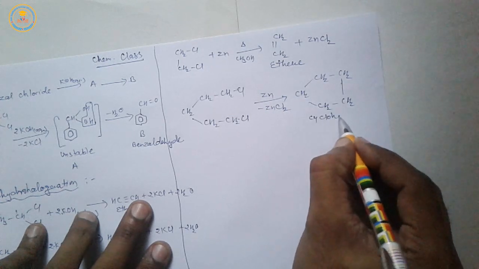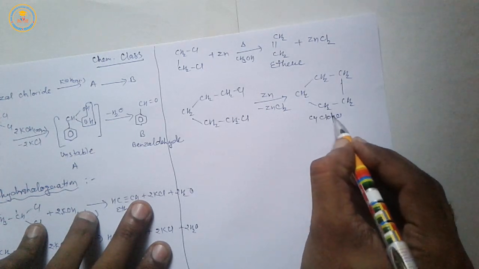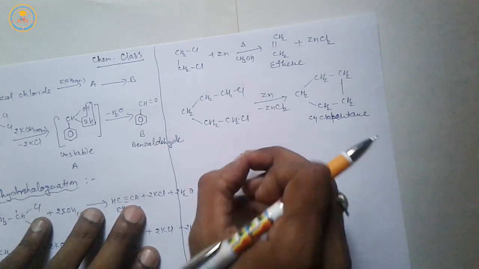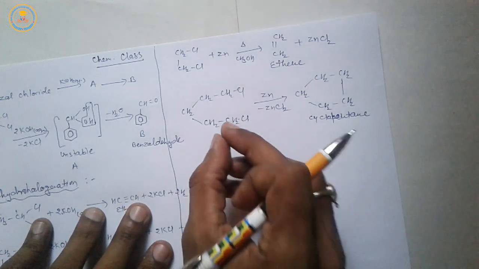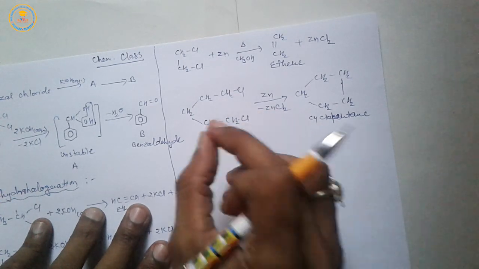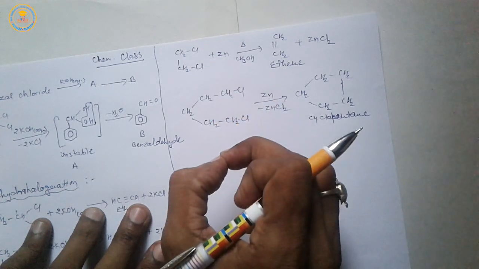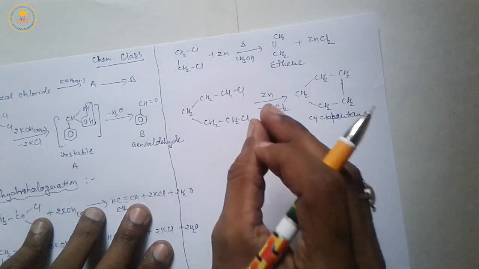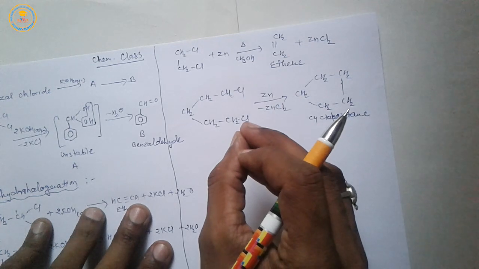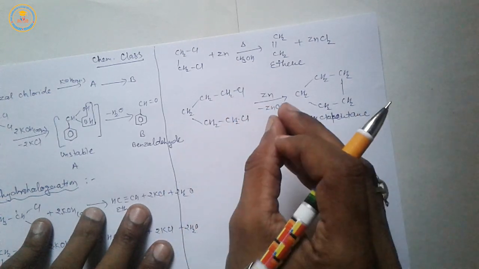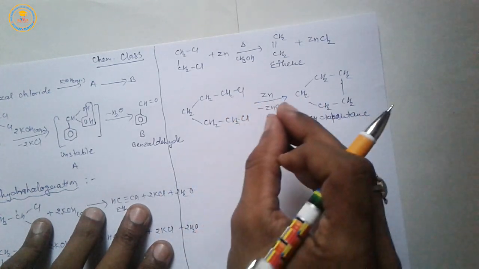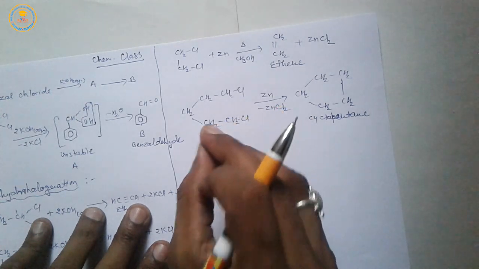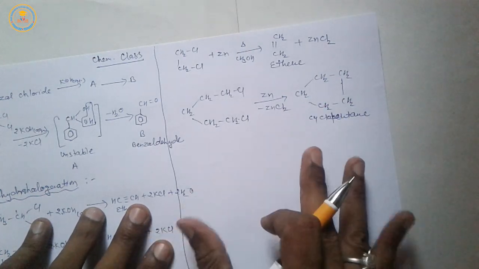So it is a cyclopentane molecule. I repeat, when dihalogen derivatives react with zinc, geminal dihalide gives a double-carbon containing alkene. Vicinal dihalide gives a same-carbon-atom containing alkene, but polymethylene halide gives cycloalkane.